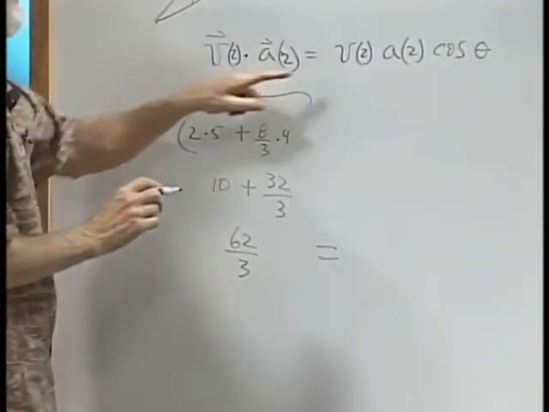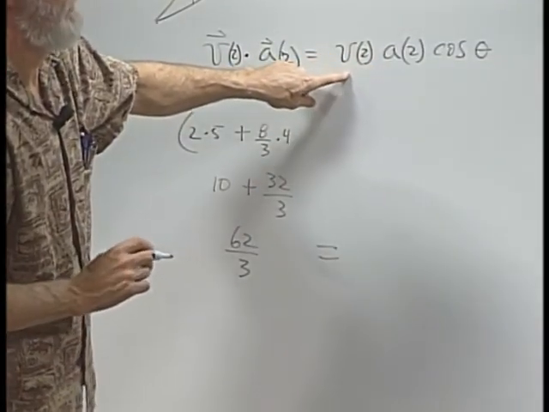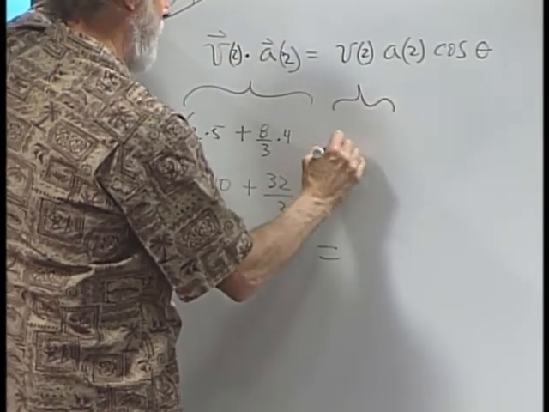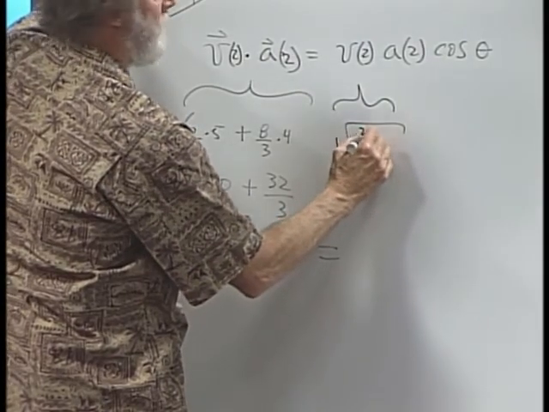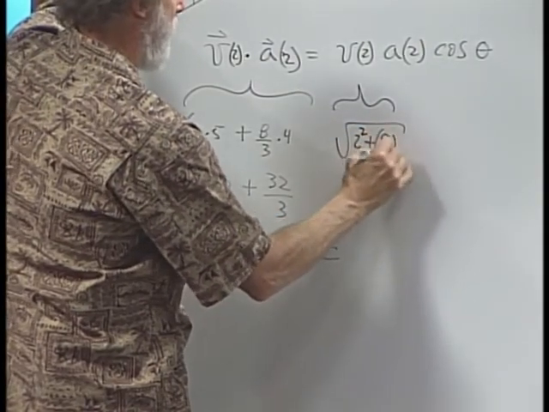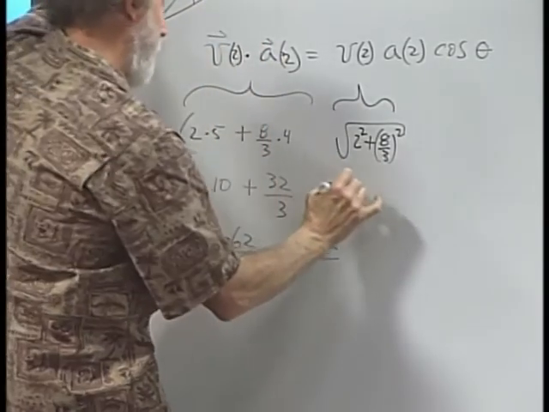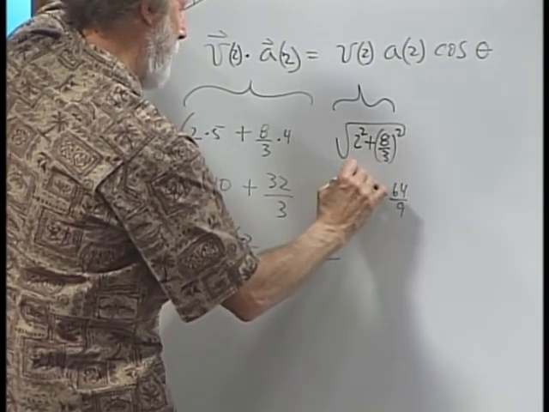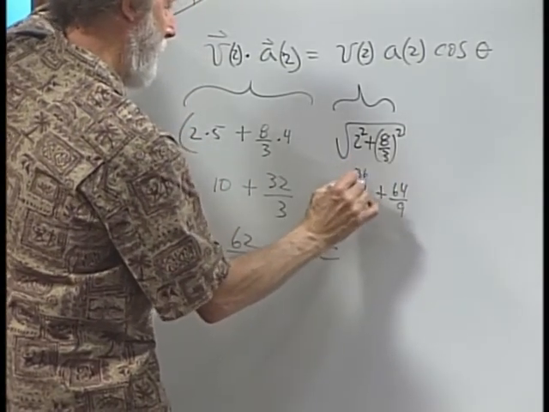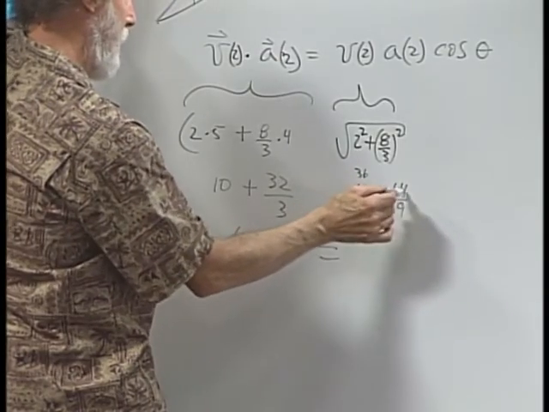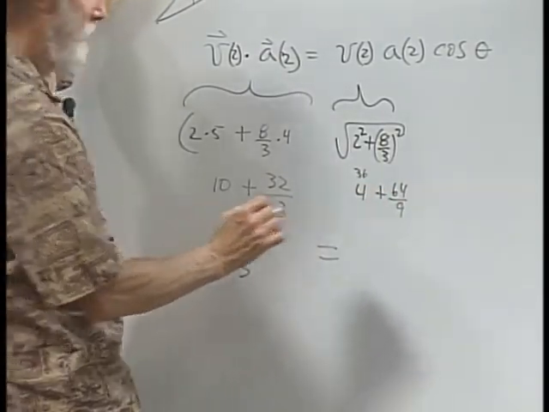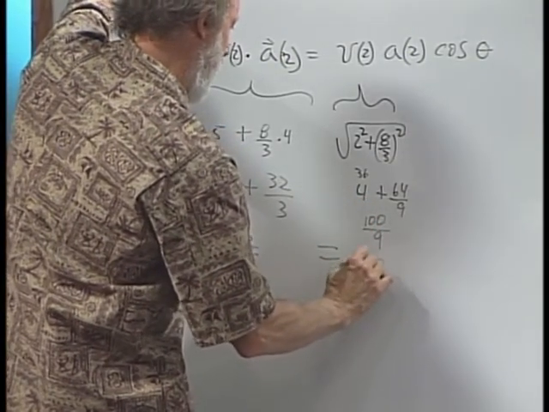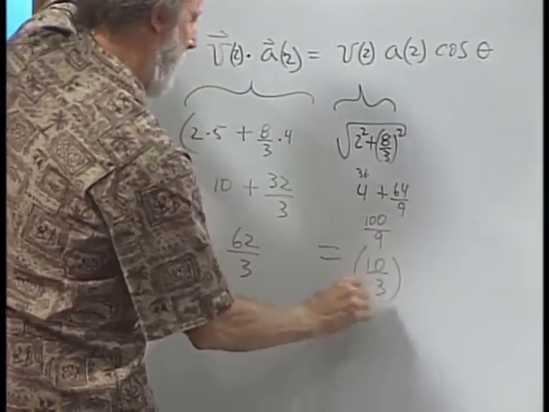And that's equal to the product of the magnitudes of each vector. So we're going to have a magnitude here of the square root of 2 squared plus 8/3 squared. Inside the radical is 4 plus 64/9, which is 36/9 and 64 is 100/9. Oh, we like that. The radical of 100/9 is 10/3. So we have that one.